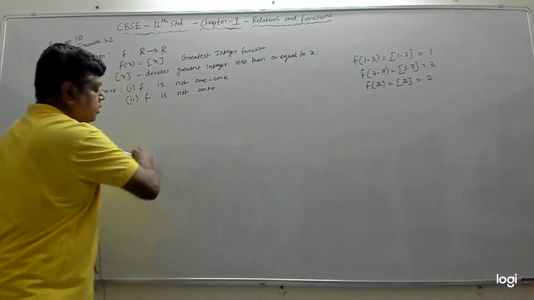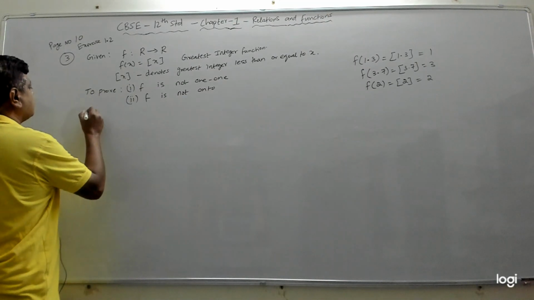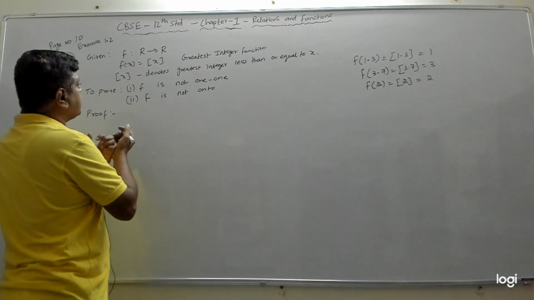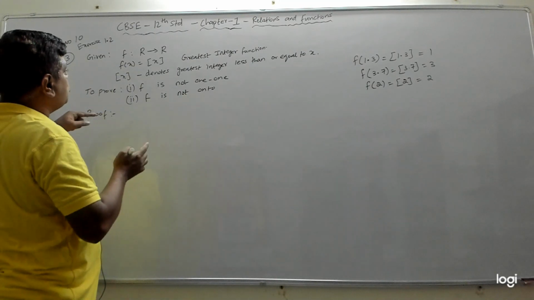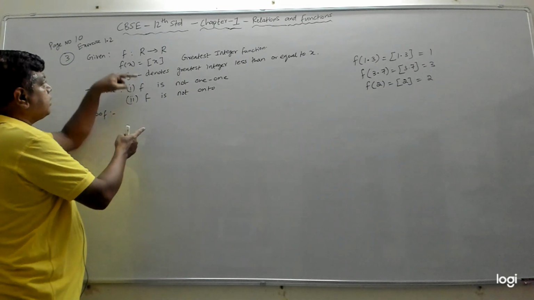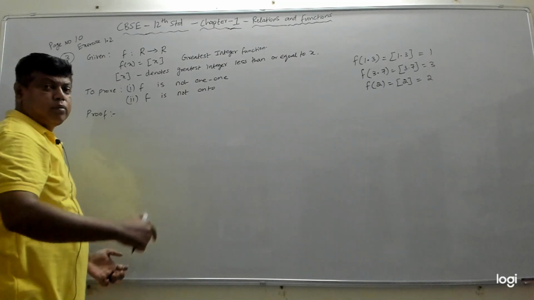Now, how do we show that f is not one-to-one and f is not onto? To show that it is not one-to-one, if we can show that two elements in this R go to the same element in the codomain R, then it becomes not one-to-one.